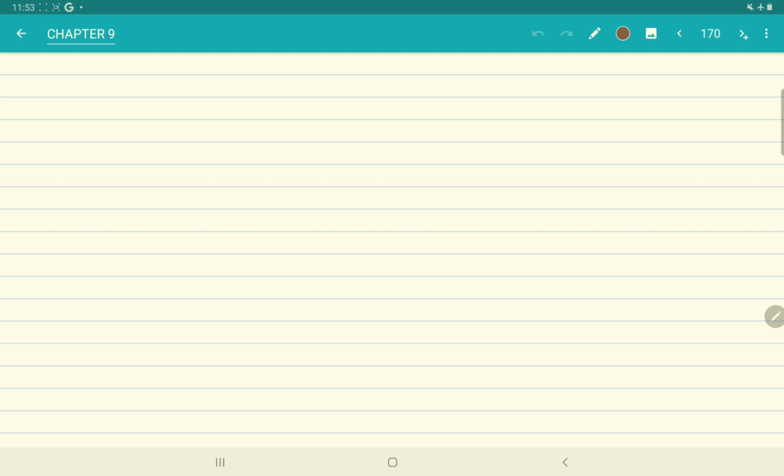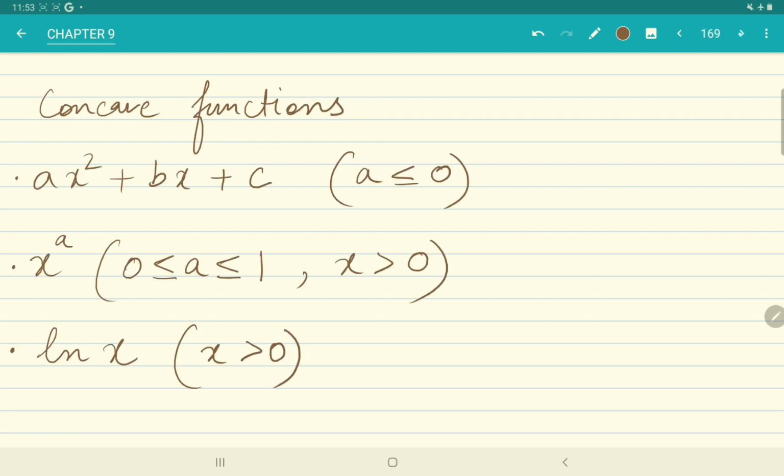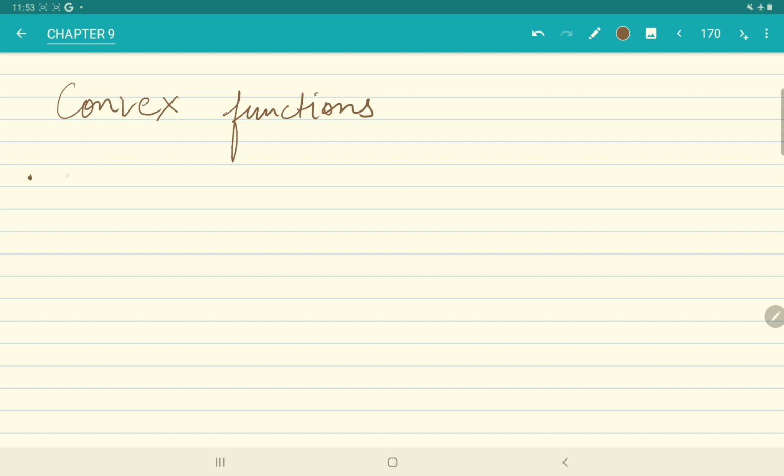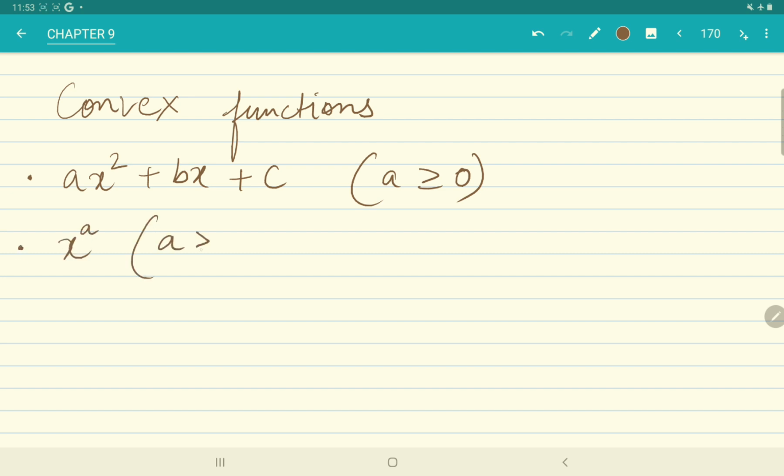If I want to think of some of the most commonly used convex functions, those would be these. I can take up ax squared plus bx plus c and a greater than or equal to 0. x raised to the power a with a greater than or equal to 1, x greater than 0.